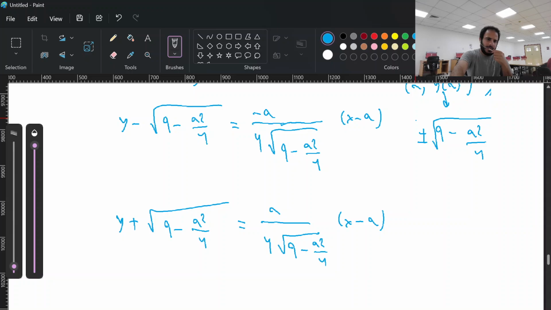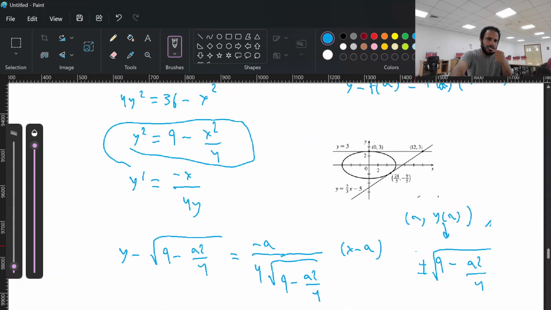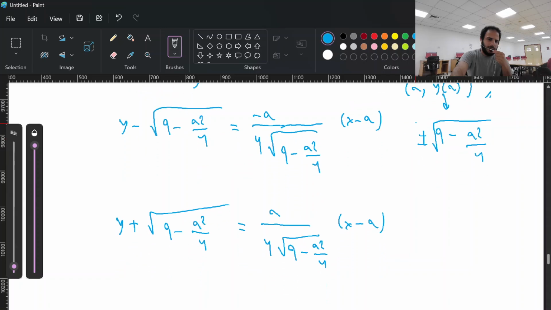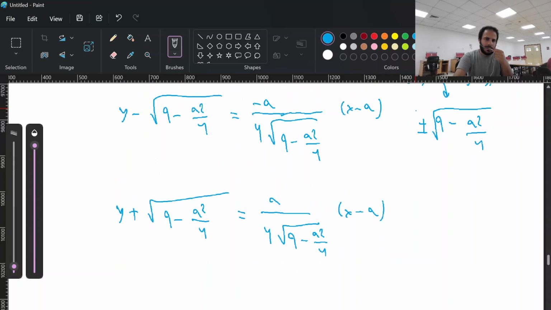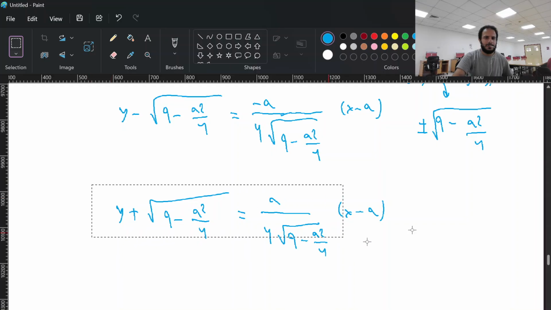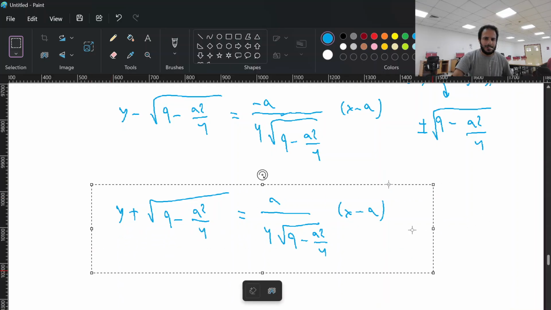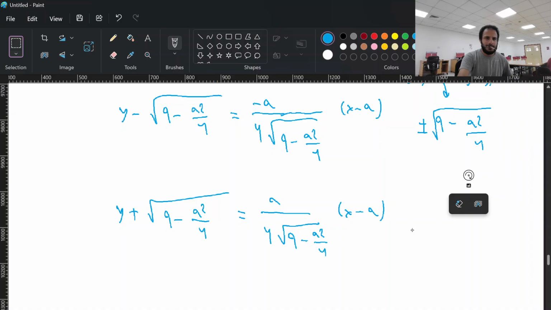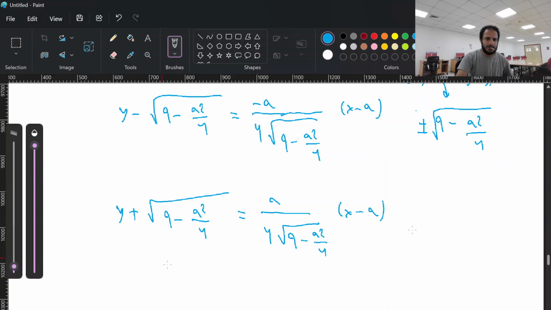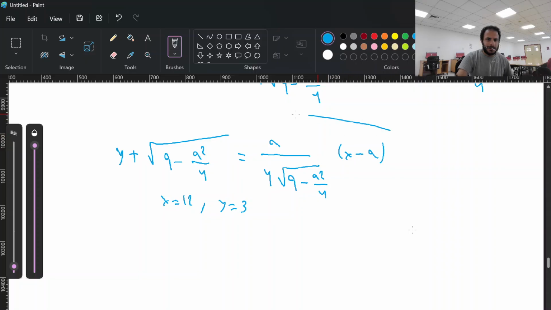These two lines intersect at what? At (12, 3), right? Yes. Let's substitute the value (12, 3) in one of them. So x equals 12, y equals 3. I will start with the second line, because it's closer to us than the other one.